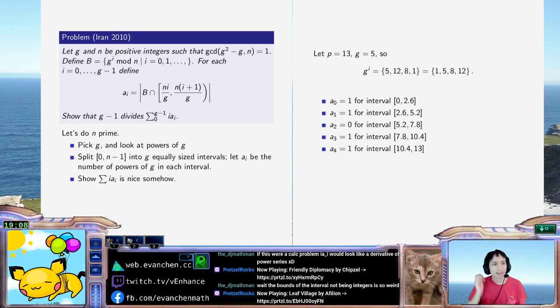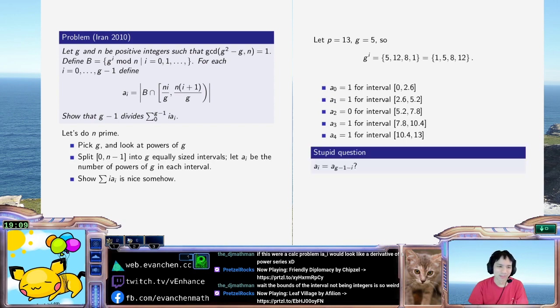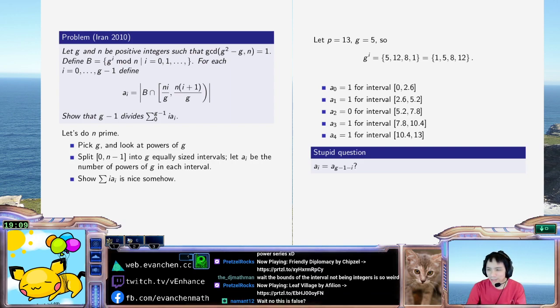So, okay. Here's a stupid idea, a question: A_i equals A_{g minus i}. Is it just symmetric? It would be symmetric if -1 is in the powers.